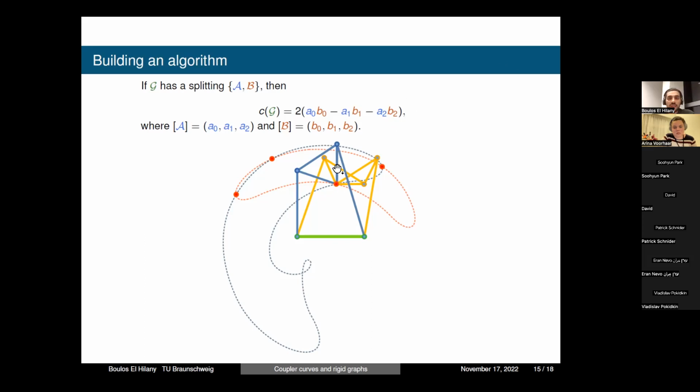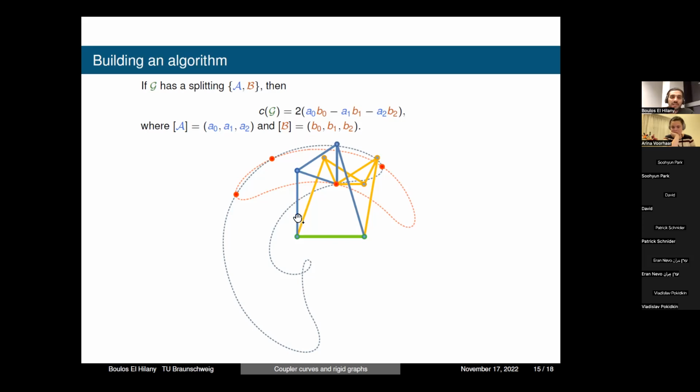In order to compute the number of realizations, I just multiply this by this, and this eventually gives me the number of realizations. So if I have the class here and I have the class here, I can obtain the number of realizations. But the question is, in this example, how do I get the class of A and how do I get the class of B?